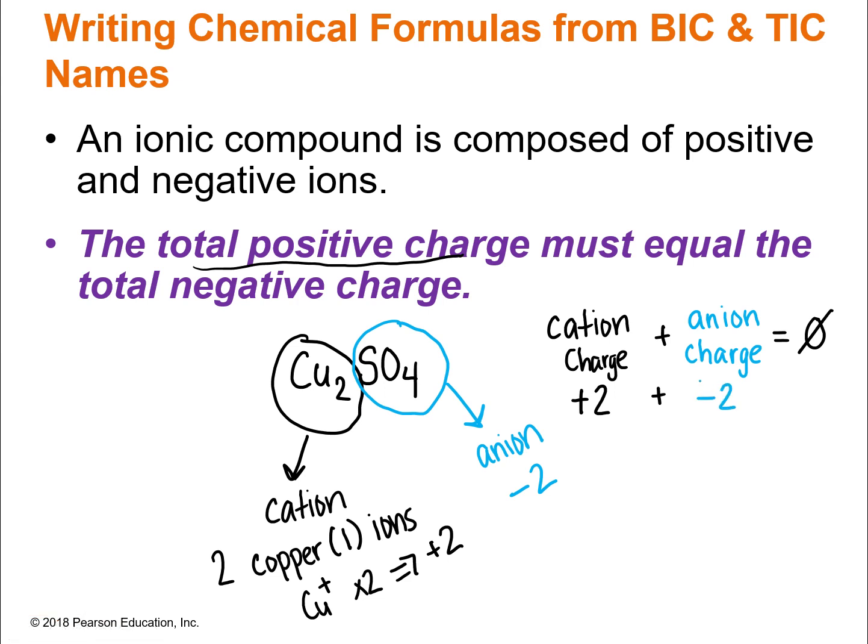Our anion charge was negative 2. And that gives us a total charge of 0. So I just wanted to go over that again because I know that was given some trouble. So does that make a little bit more sense than it did before? Good. All right.